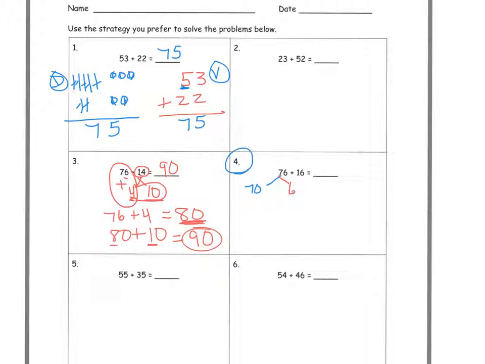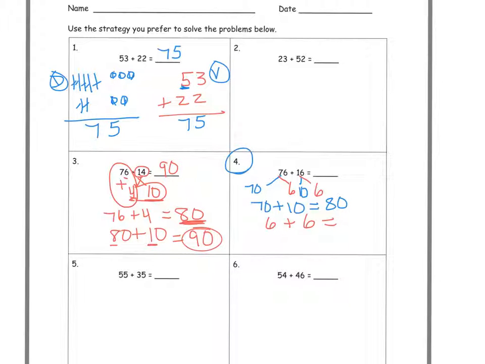So 76 can be broken into 7 tens or 70 and 6 ones. 16 is 1 ten and 6 ones. And what I'm going to do now is add the tens first. So 70 plus 10, or 7 tens plus 1 ten, is 80, or 8 tens. And then I have my 6 ones and my 6 ones.